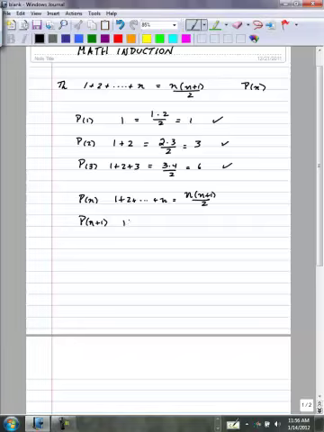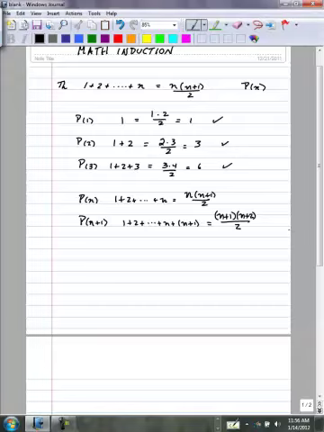So we get 1 plus 2 plus ... plus n, but now we go one step further to n plus 1. Right? So that n becomes n plus 1. The last term is now n plus 1. On the right-hand side, we replace n by n plus 1, so this is going to give us n plus 1 as the first factor. The second factor is n plus 1 plus 1, or n plus 2, all divided by 2.